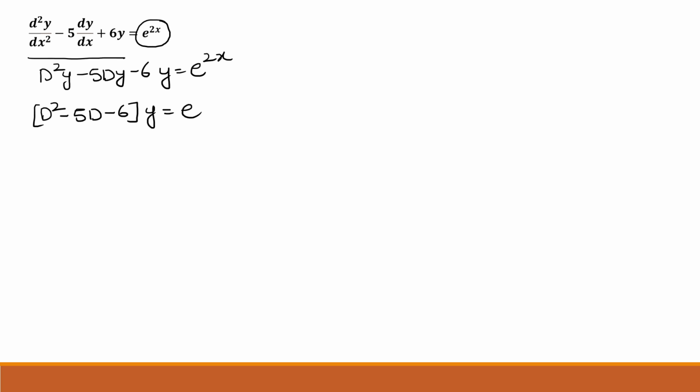So what is f of d? Symbolic form is d square y minus 5 dy plus 6y equals e power 2x, and this will be d square minus 5d plus 6 y equals e power 2x. This is our f of d, okay, and the right side is e power 2x.